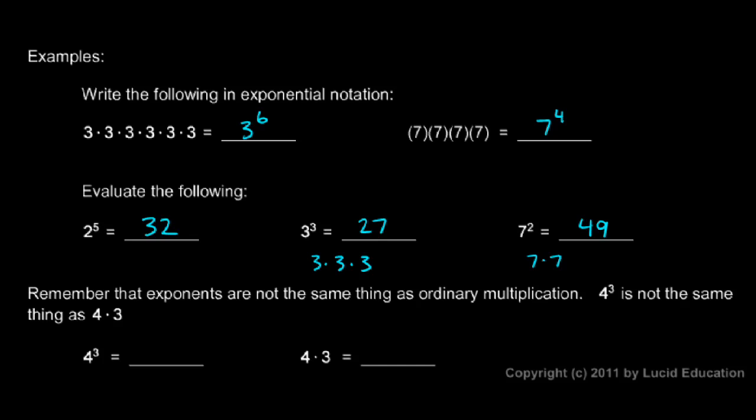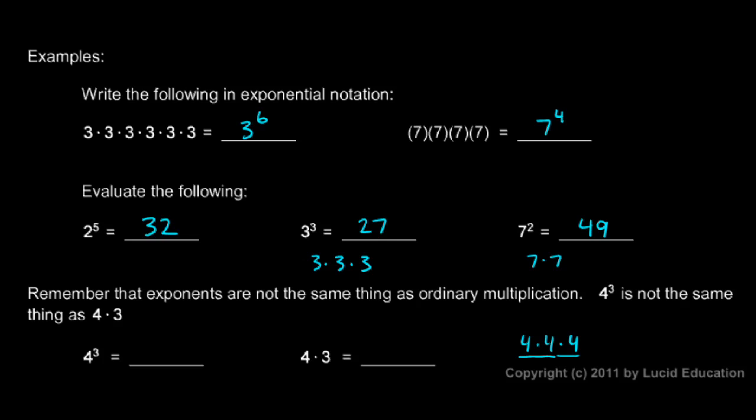Now once again, remember that exponents are not the same thing as multiplication. 4 to the power of 3 is 4 times 4 times 4. And we can work that out over here. 4 times 4 times 4. This first 4 times 4 gives us a 16.